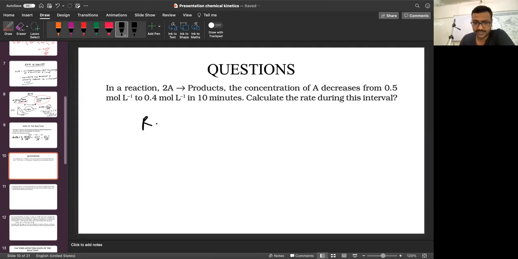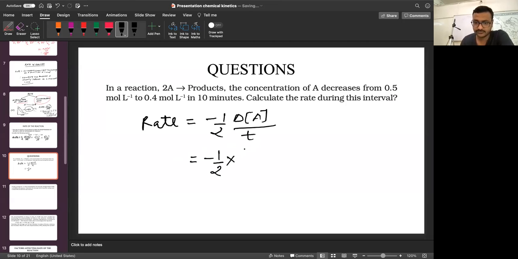So what will be the rate? The rate of the reaction will be, concentration of A decreases, minus 1 by 2 delta of concentration of A divided by t. So the rate will be minus 1 by 2 into, we'll put the value 0.4 minus 0.5, that is the final and initial concentration, divided by 10.